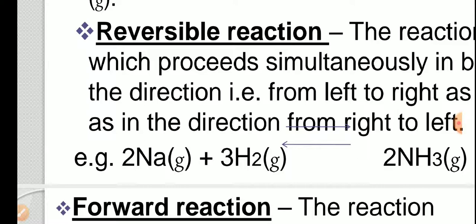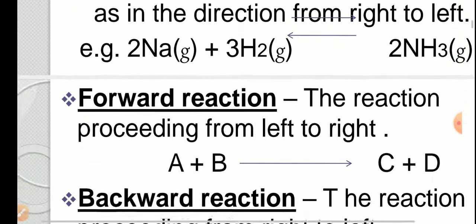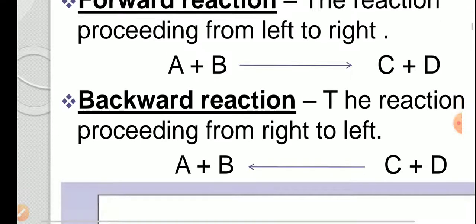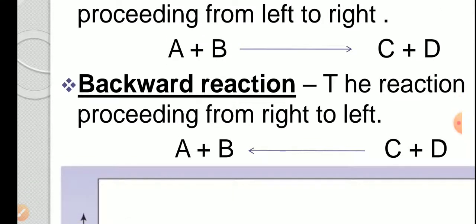Here the equilibrium sign is denoted by a double headed arrow, with the directions opposite. This is the sign of the forward reaction and this is the sign of the backward reaction.